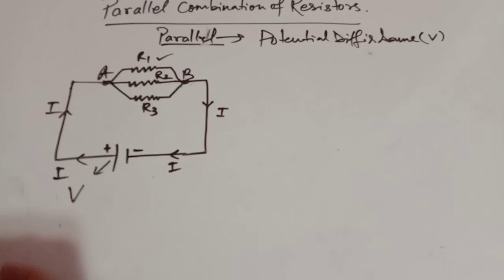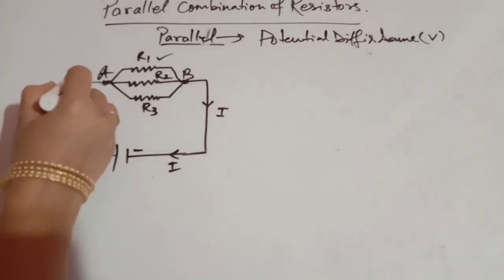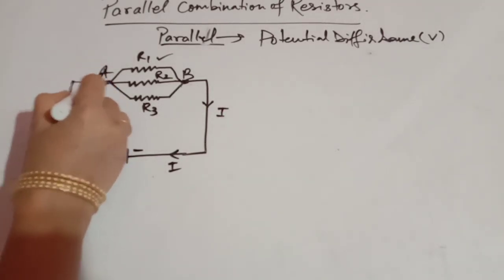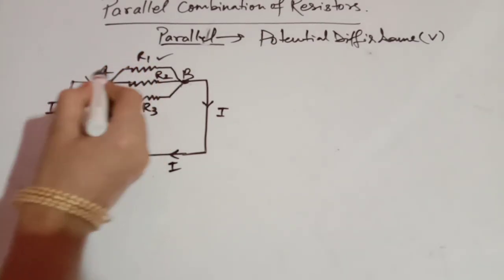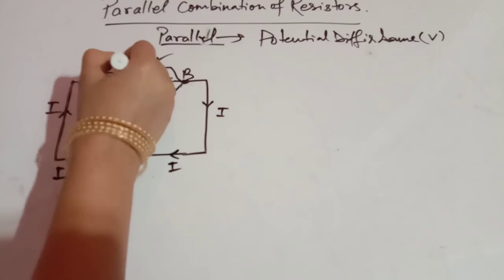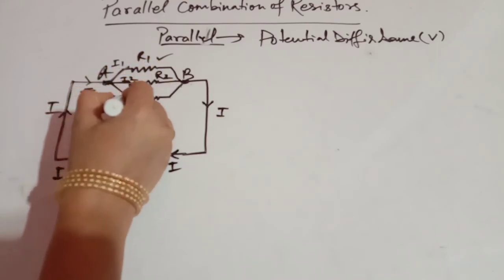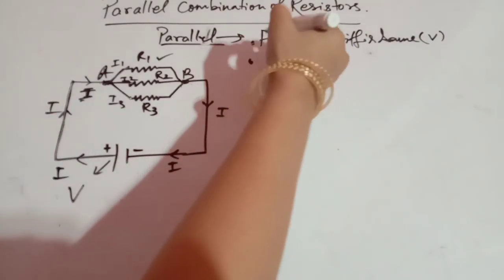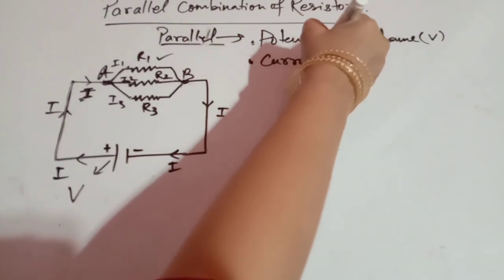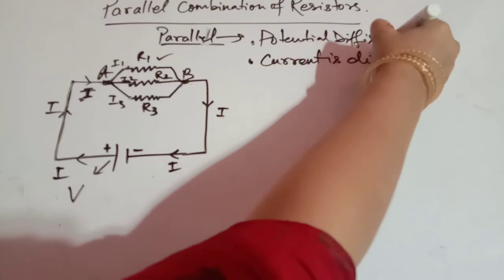Now when the current I comes here, it moves in three different directions, so it is divided into three parts, I1, I2, I3. So current is not same. The second point to notice is that the current is different.